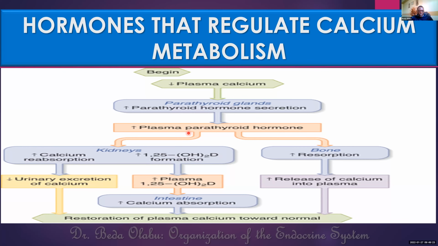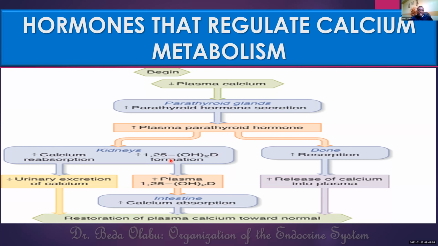Parathyroid hormone also acts on the kidney to increase the reabsorption of calcium. If it increases the reabsorption of calcium from the kidney, it means that the urine will have less calcium. And so that will help to also restore the plasma calcium levels to normal. Parathyroid hormone also helps in the activation of vitamin D in the kidney.